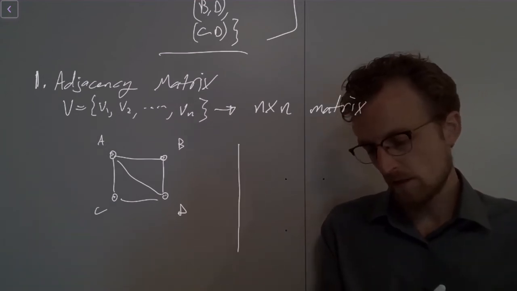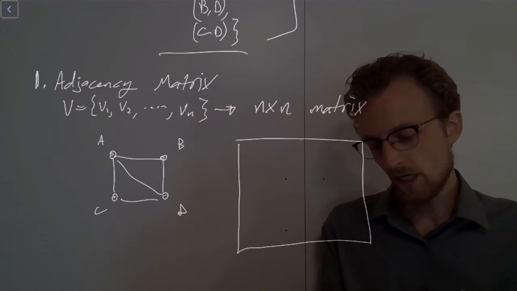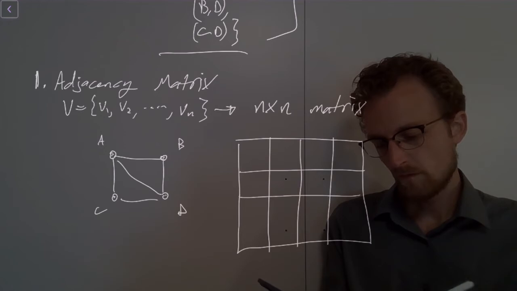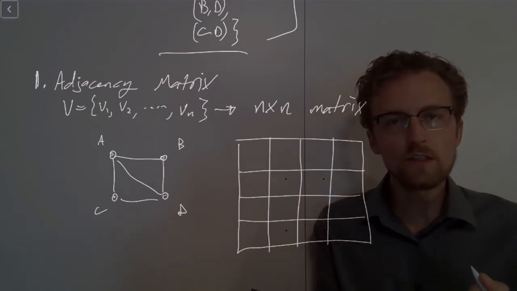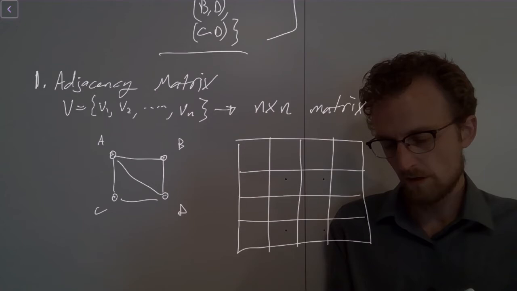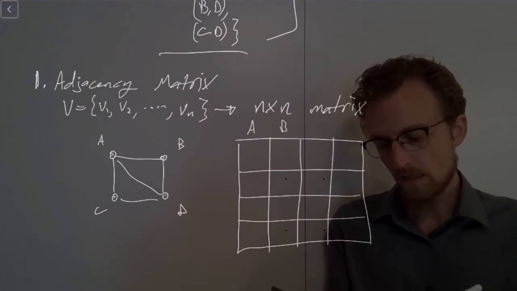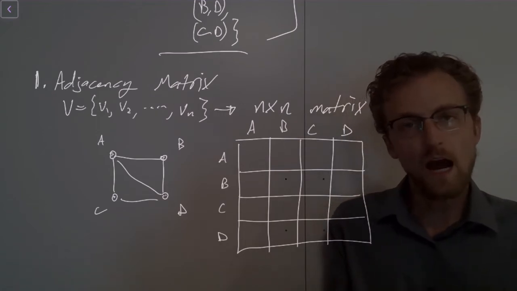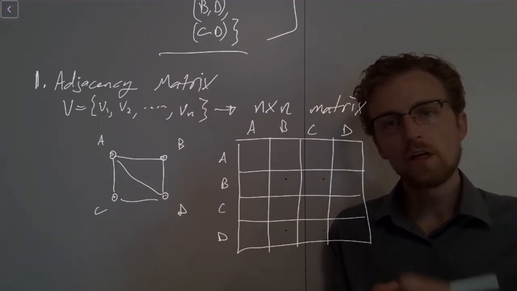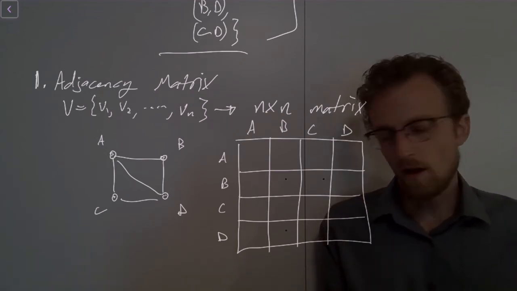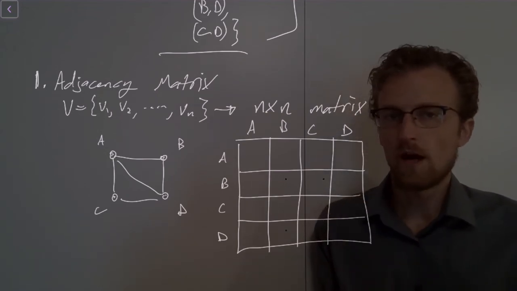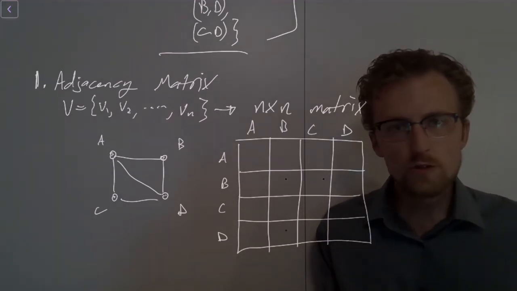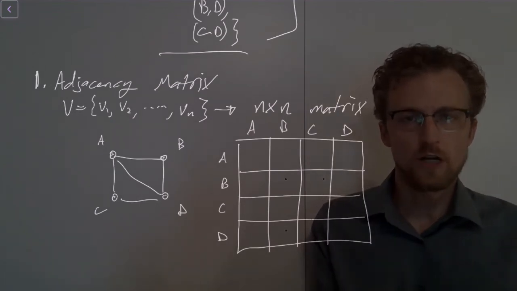So in this adjacency matrix, I'm going to have 4 columns and 4 rows, and I'll label the columns and rows with the names of the nodes, or the vertices: A, B, C, D, A, B, C, D. By the way, I will frequently use the terms node and vertex interchangeably. Unless I tell you otherwise, those two words mean the same thing. The same goes for link and edge.